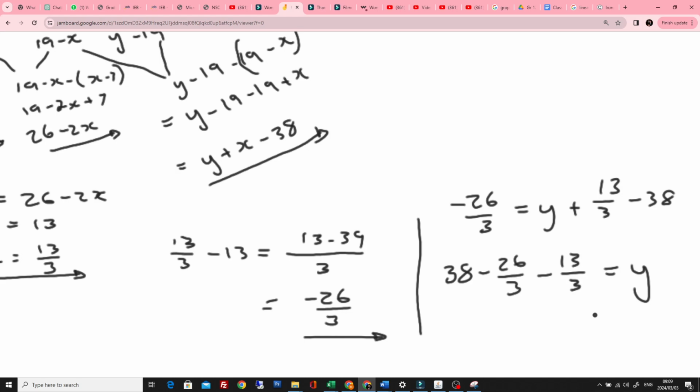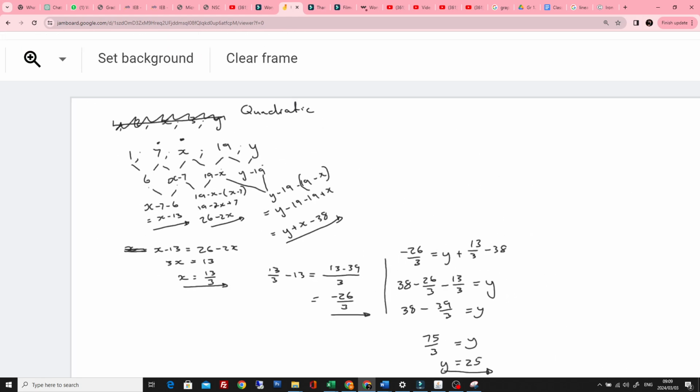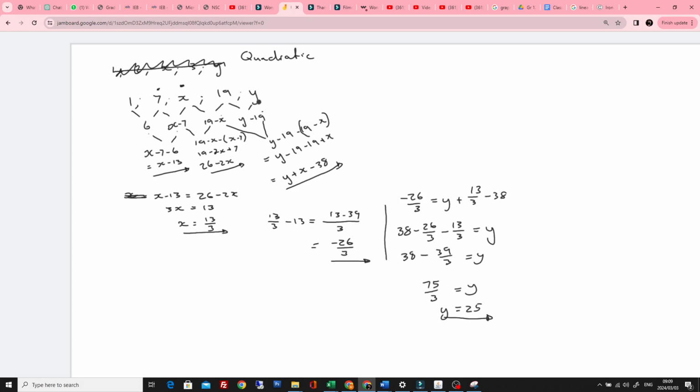Okay, so this would be 38 minus 39 over 3 is y, and then I've solved for my y value as 75 over 3. Okay, which is just 25. So I can solve for something. Very important that you always do this minus that for the second difference. Always right minus left. Okay.